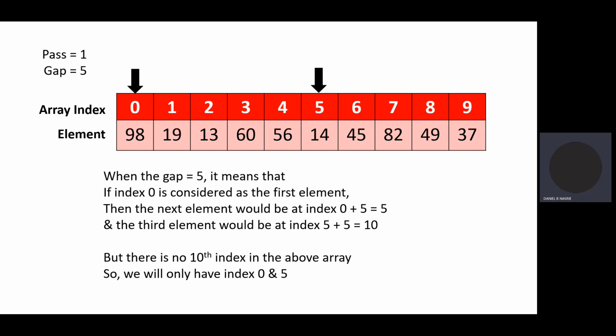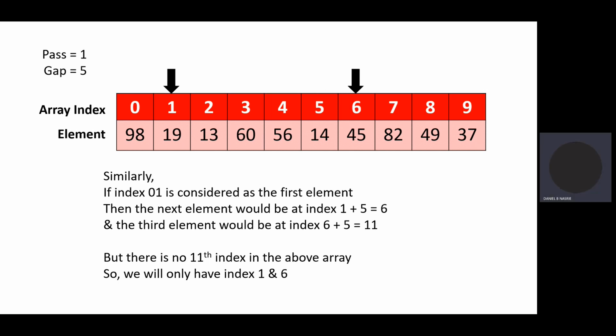When the gap equals 5, it means that if index 0 is considered as the first element, then the next element will be at index 0 plus 5, which is 5. And the third element will be at index 5 plus 5, which is 10. However, there is no 10th index in the above array, so we will only have index 0 and 5.